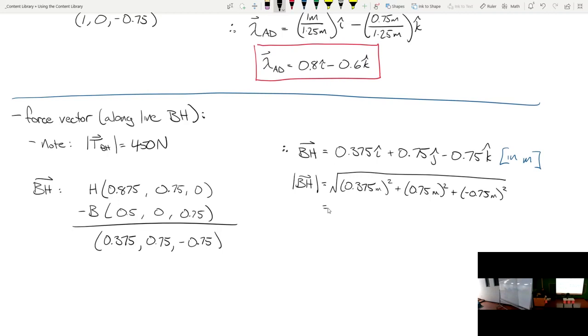Anybody got that one for me? 1.125. Second? All right, cool. All right, so now we determine the unit vector.